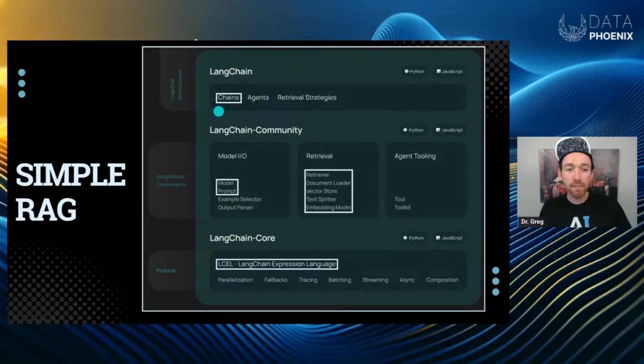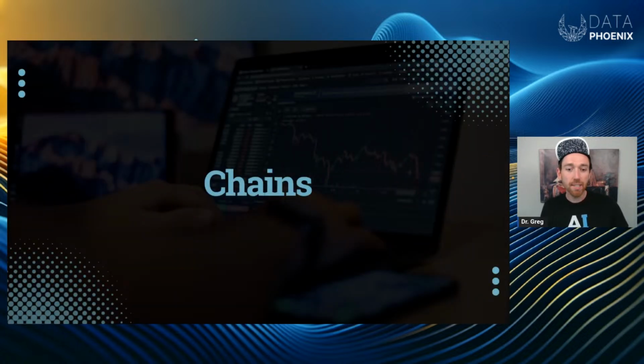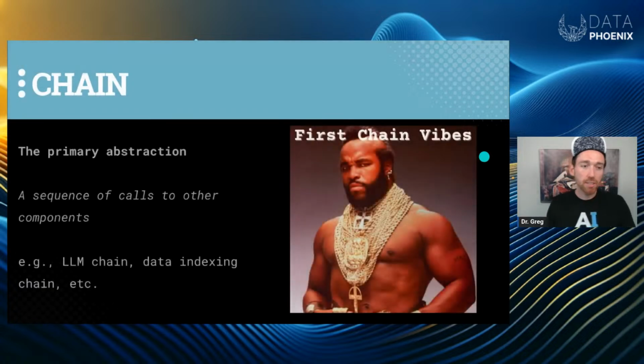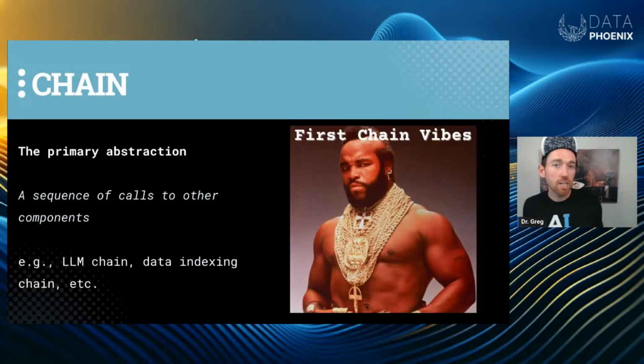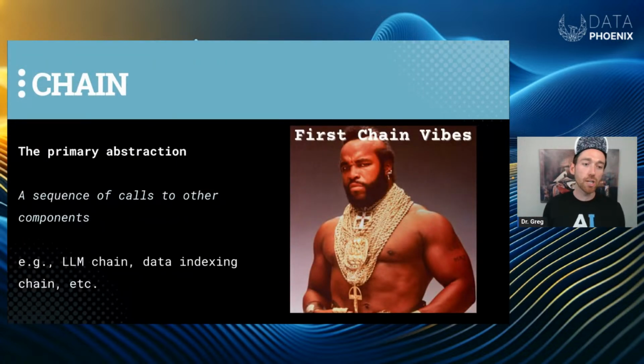The first one is the chain in LangChain. What is it? Well, a chain is the primary abstraction, and it's just a sequence of calls to other components. We can build chains out of lots of different parts and pieces. Lego blocks is a great analogy here. And chains, of course, are kind of where LangChain began.